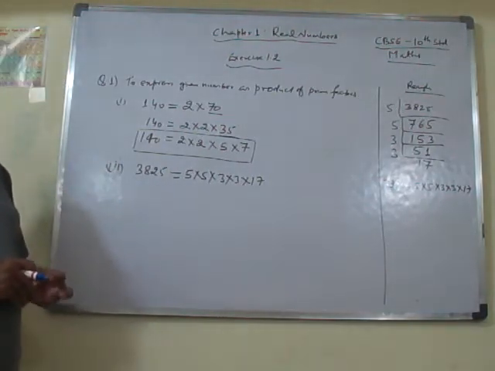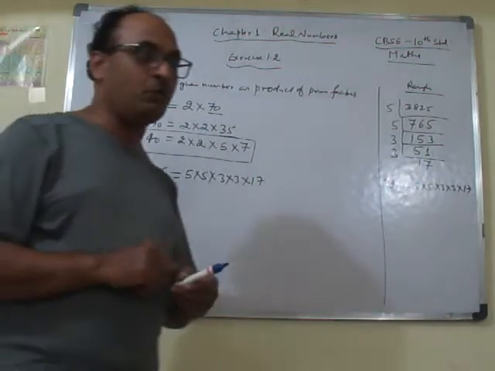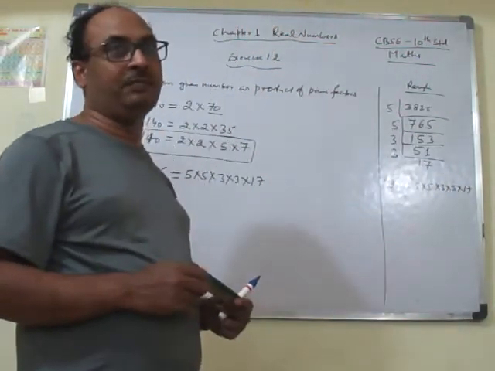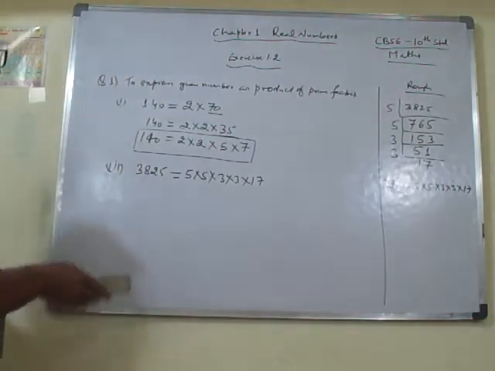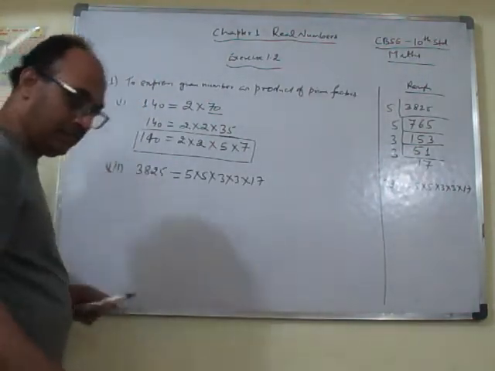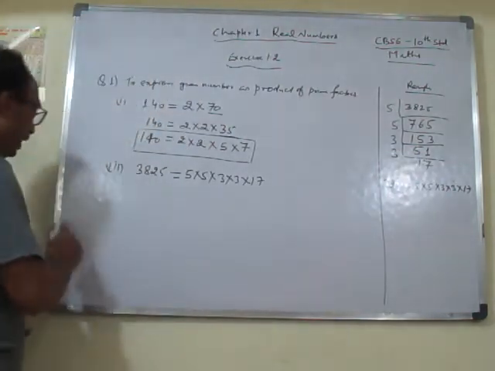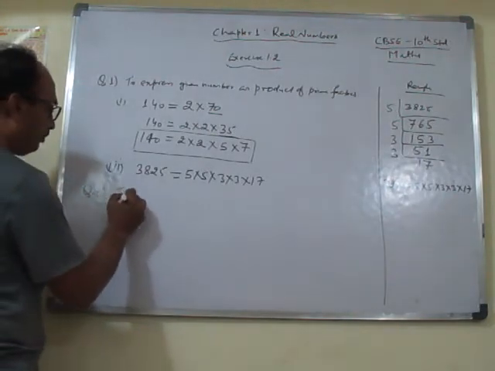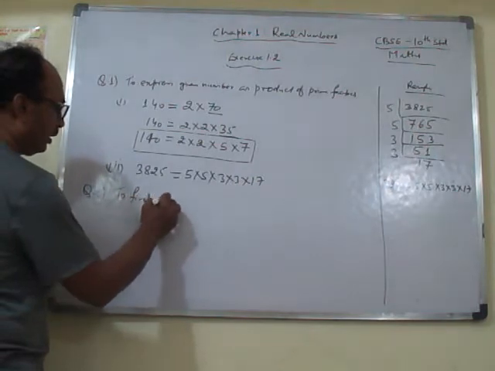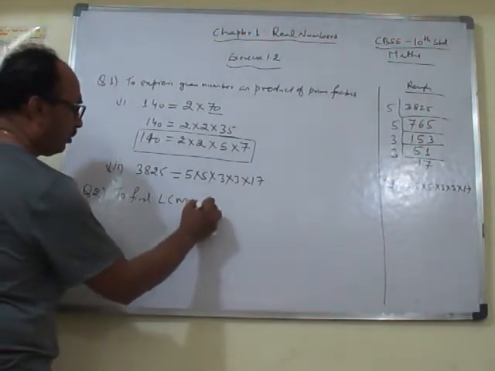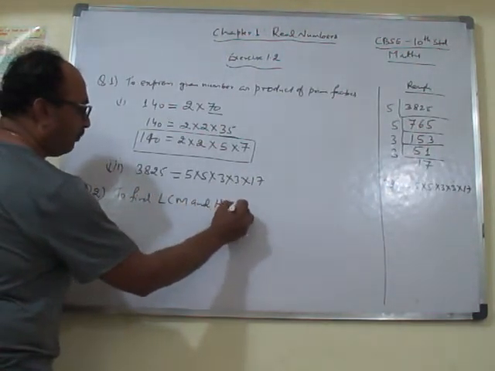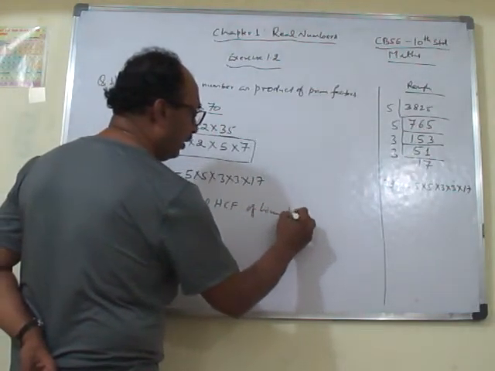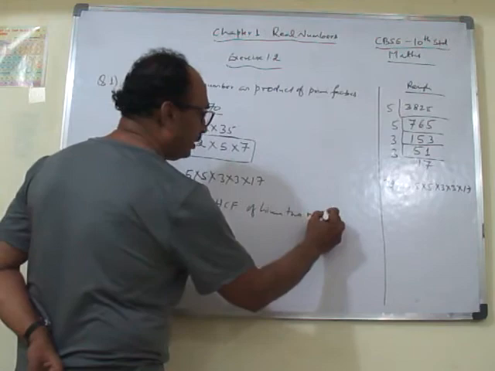Now we will solve question number 2, where we need to find HCF and LCM. Let us go for it. We need to find the LCM and HCF of the given numbers.